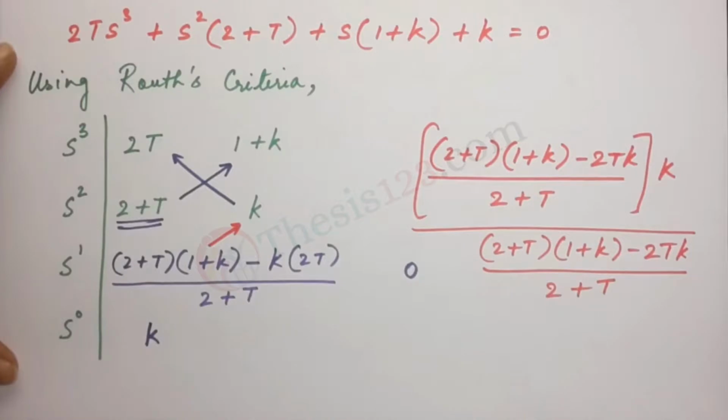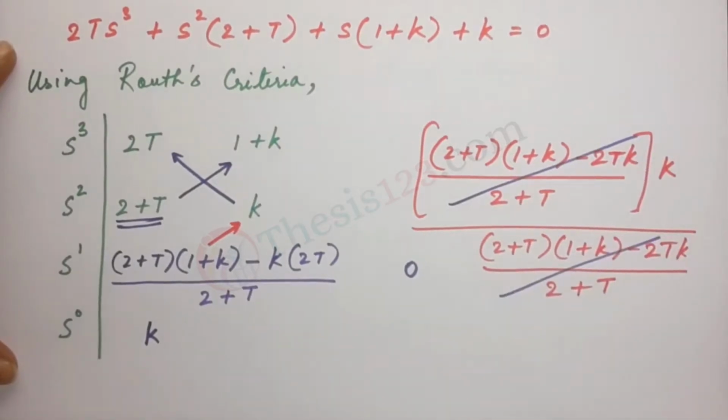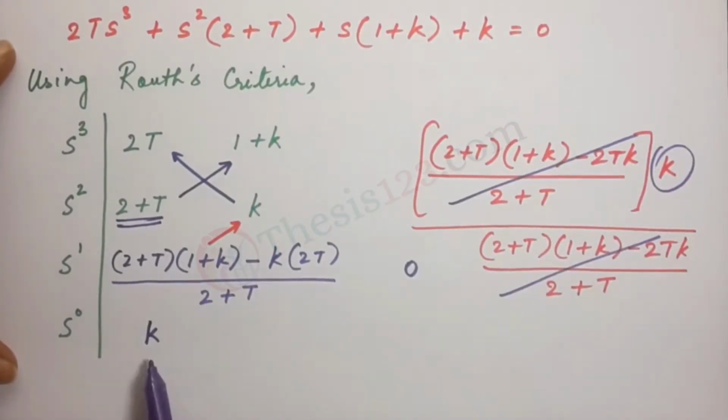So in this part, you will notice that we can cancel these two terms out and we are left with k, and that's how we get k here. Okay? I hope you follow there.